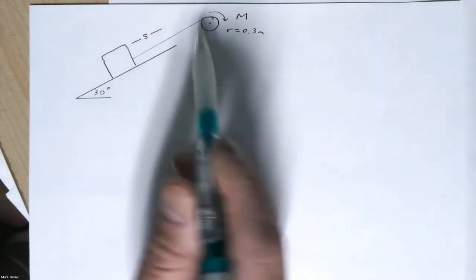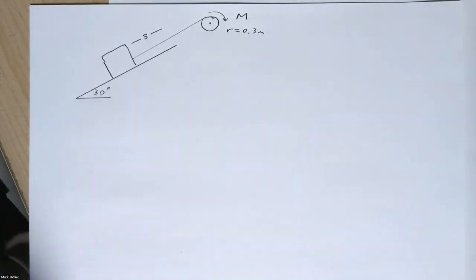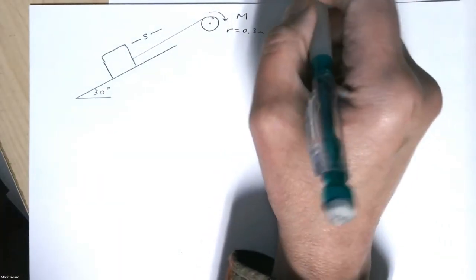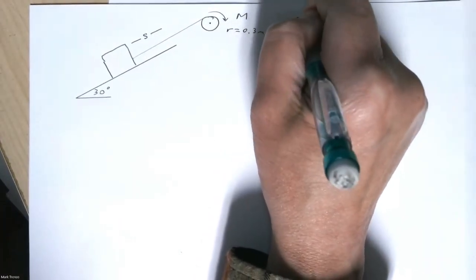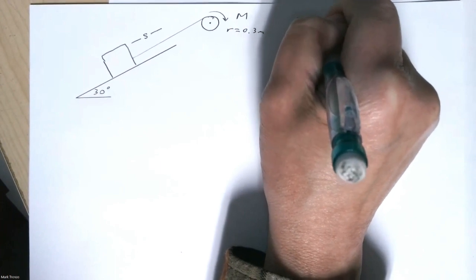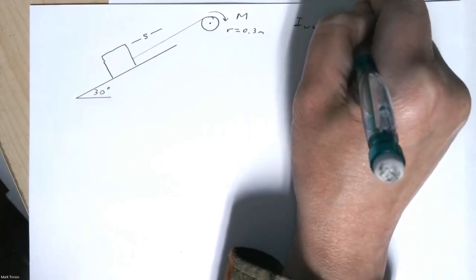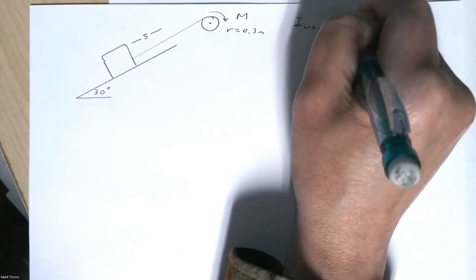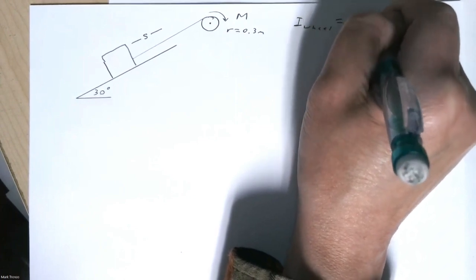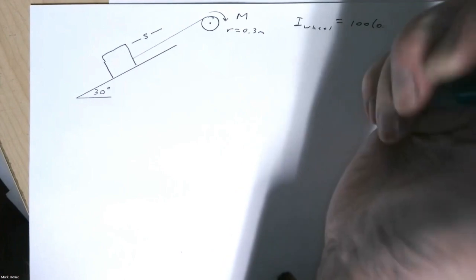So for the wheel, the mass moment will be 100 times 0.2 squared.